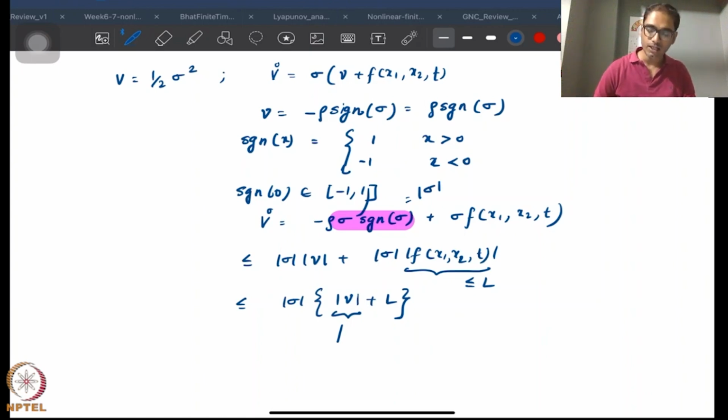This is what we want to use, that sigma multiplied by sign of sigma is actually the absolute value of sigma itself, right?